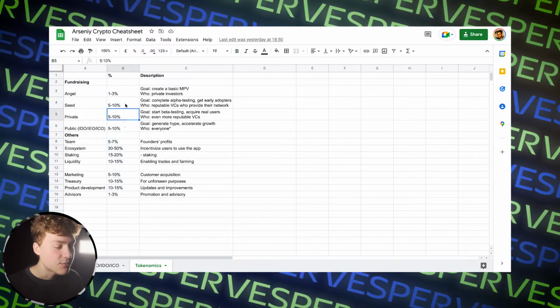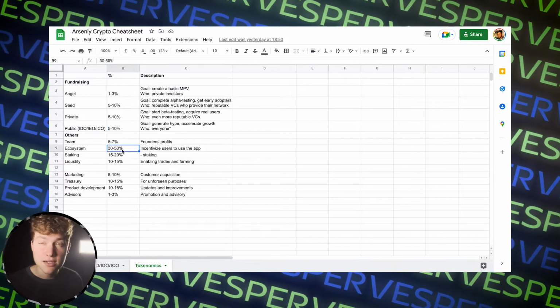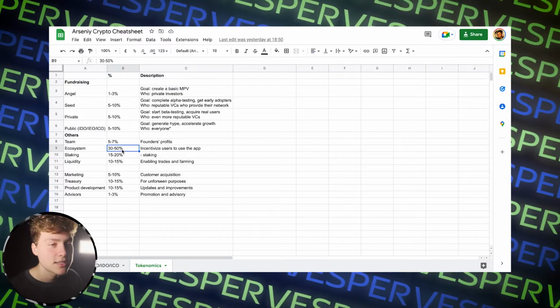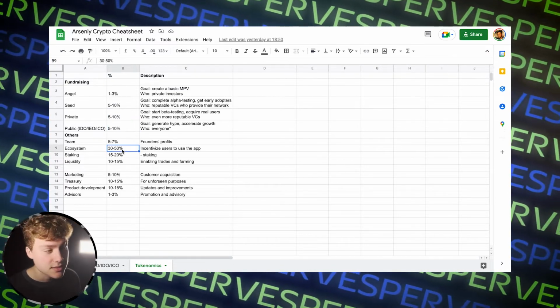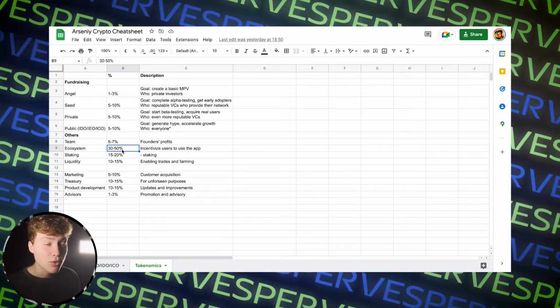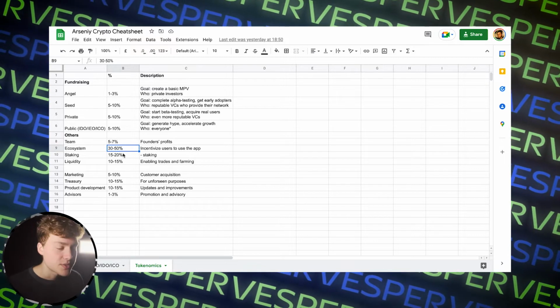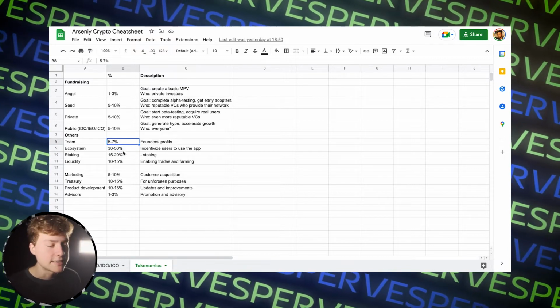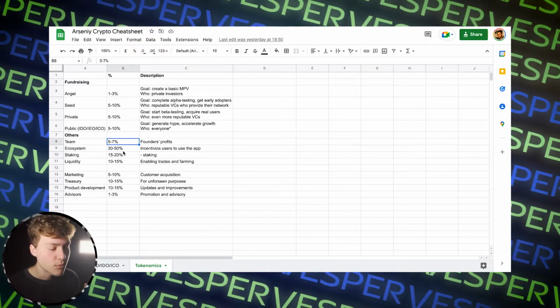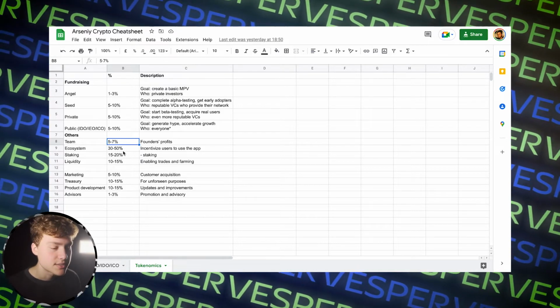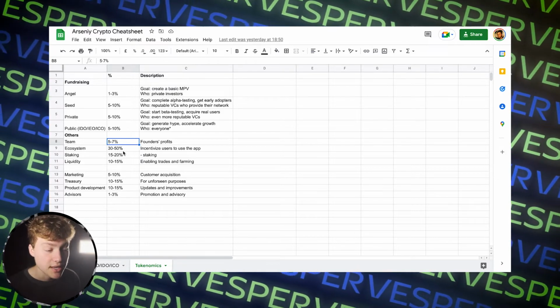So if a project allocates 40% of all of the tokens for the team, this might be a trigger for you, because it probably means that they're more interested in making profit rather than creating something significant. So 5 to 7% is a golden standard, and most of the really successful projects have this percentage of tokens allocated for the team.